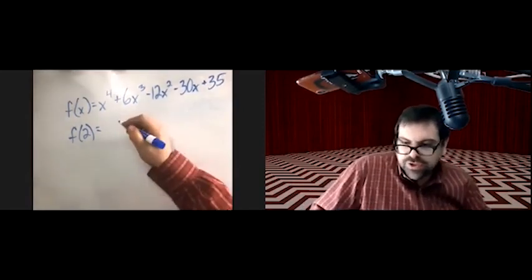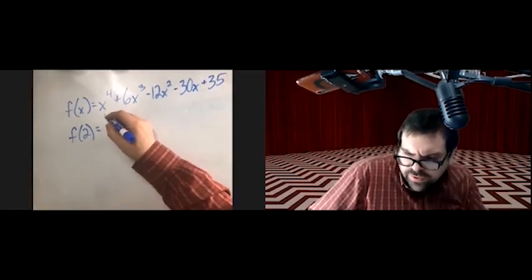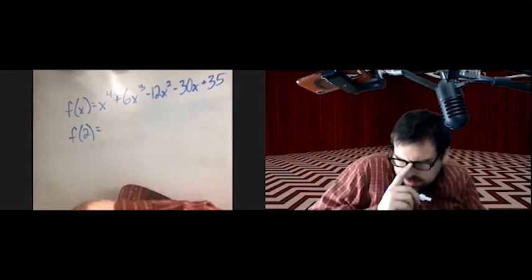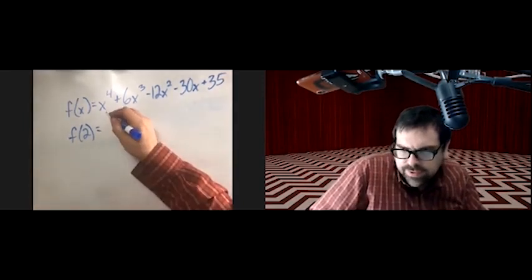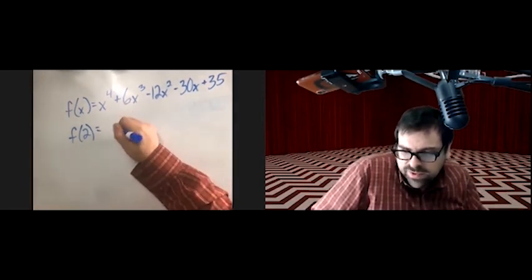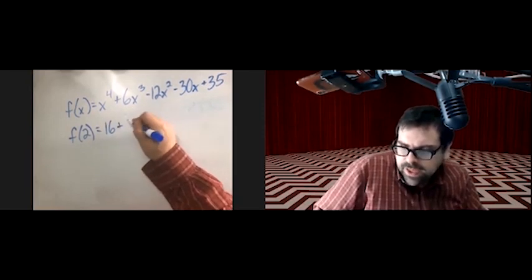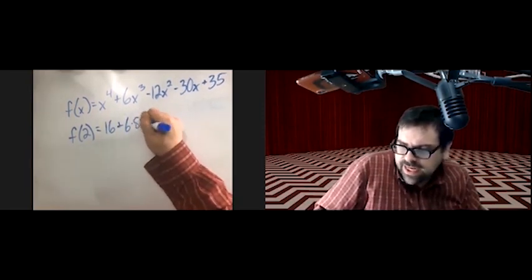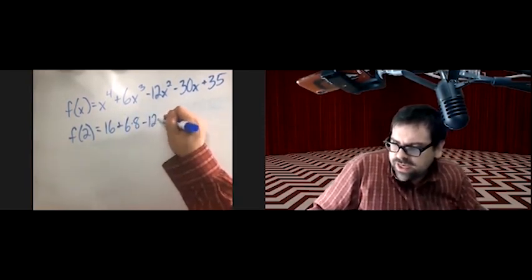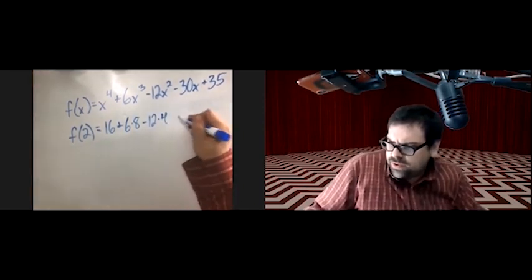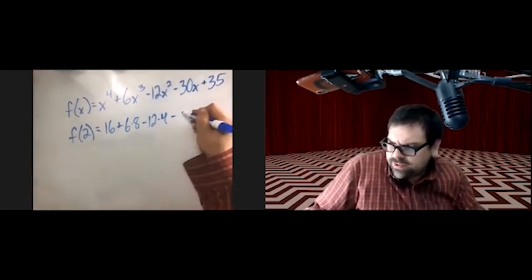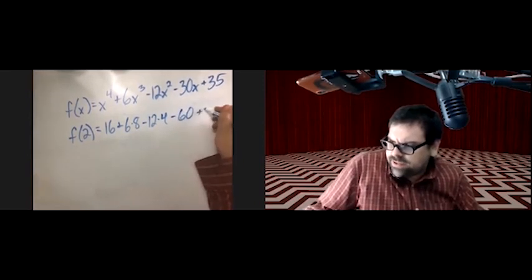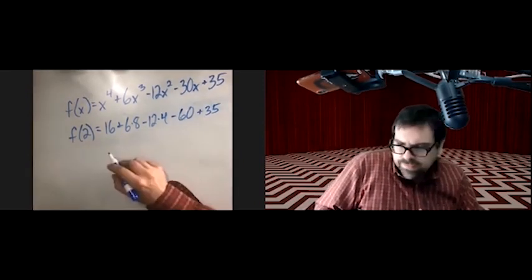And if I'm plugging 2 in, 2 to the fourth would be 2 times 2 times 2 times 2, that's 16. Plus 6 times 2 cubed is 8, minus 12 times 2 squared is 4, minus 30 times 2 is minus 60, plus 35.